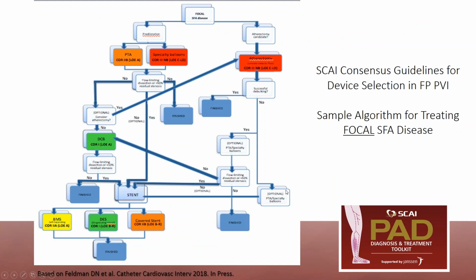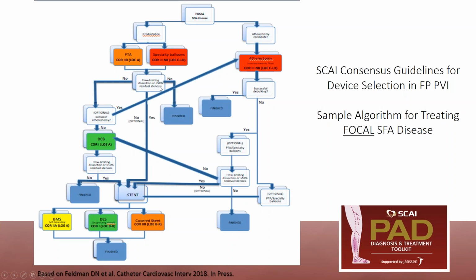Again, if you look at the consensus guidelines for device selection, here's a sample algorithm for treating focal SFA disease, and that's in contrast to diffuse disease. One can walk through here and figure out exactly which way to do. Again, if you're looking to follow class 1 recommendations, you would go down with pre-dilatation with a regular balloon, and then flow limiting dissections.